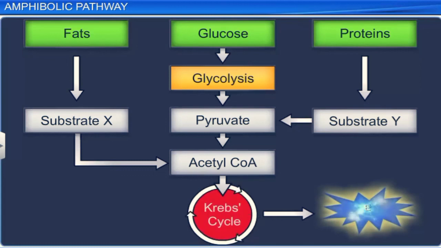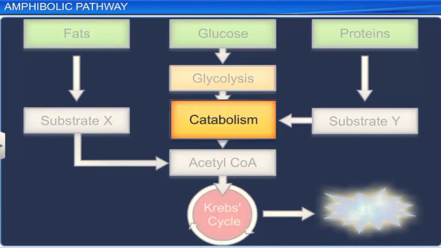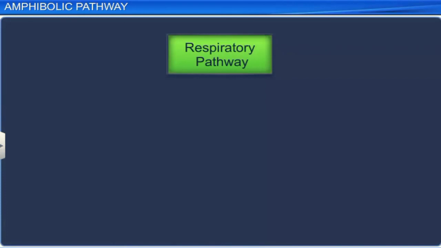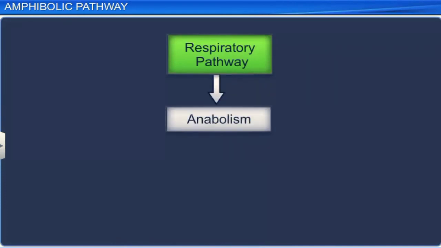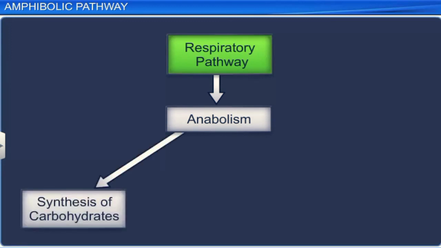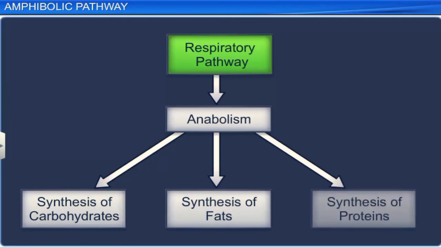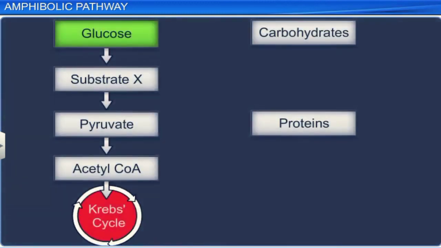These processes describe the role of the respiratory pathway in catabolism. The respiratory pathway also plays a role in anabolism, the synthesis of complex substances like carbohydrates, fats, and proteins. When the plant requires proteins or carbohydrates, it can synthesize them by withdrawing some of the substrates in the respiratory pathway.